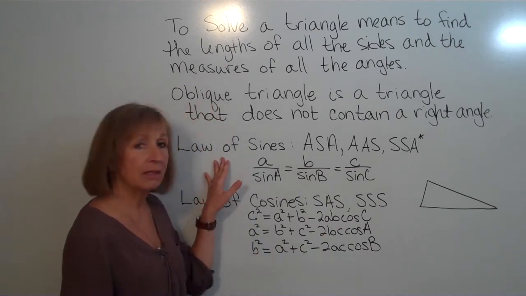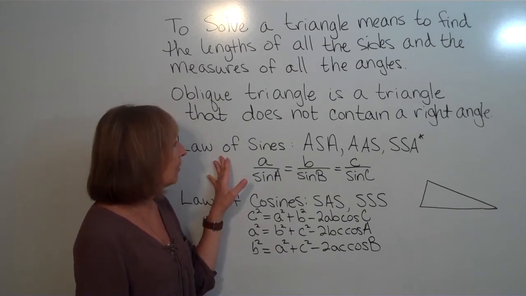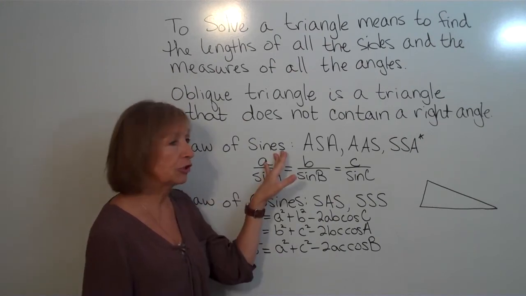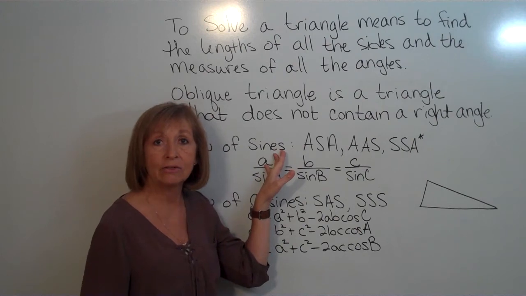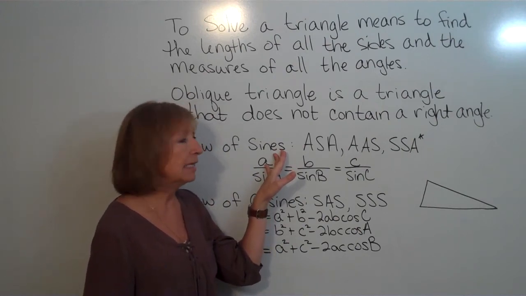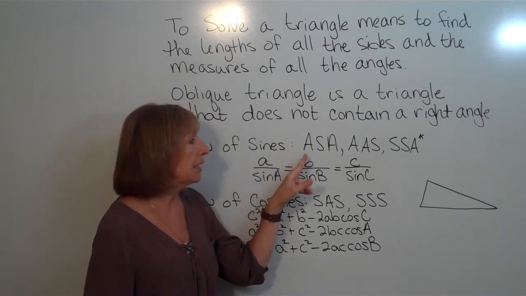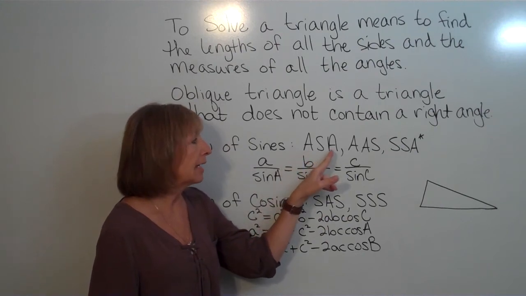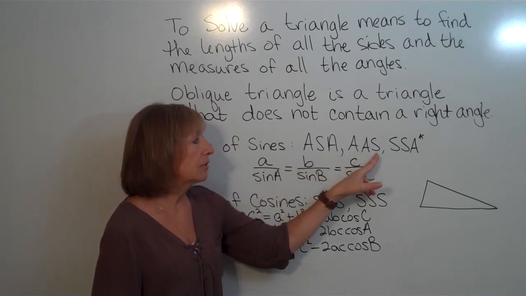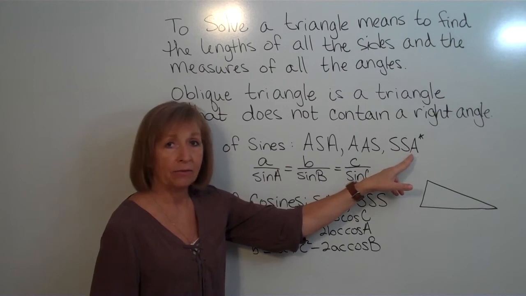So first of all, with the law of sines. Now, the law of sines is a relationship between the angles and the sides when, in your triangle, you know angle, side, angle, angle, angle, side, or side, side, angle.